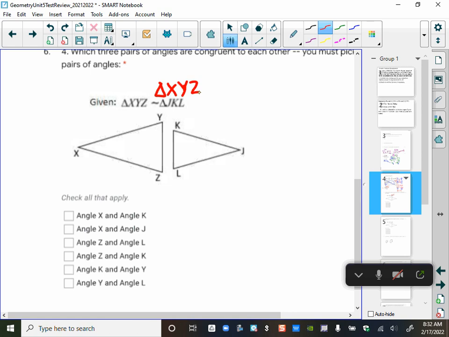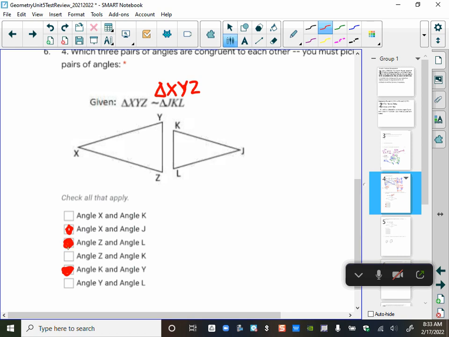Okay, angle X matches with what angle? Okay. Who else is going to match up A with? Y. Good. And? Z with L. Bingo.